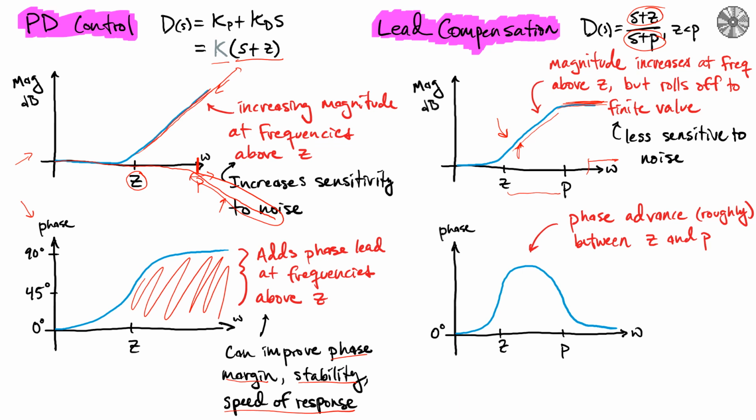In the phase, a similar thing happens. So if our pole is located at a higher frequency because it's located further away from the origin, then that means that its phase plot looks something like this, where it stays close and then it breaks and goes down to minus 90. And so again, it's between z and p that the interesting things happen.